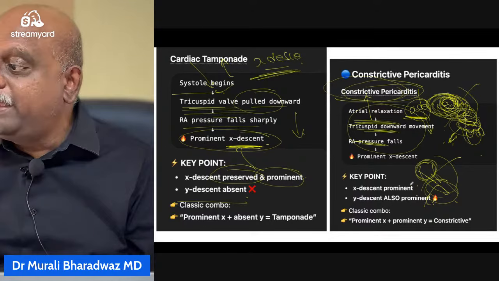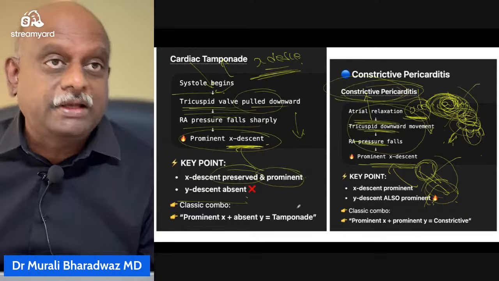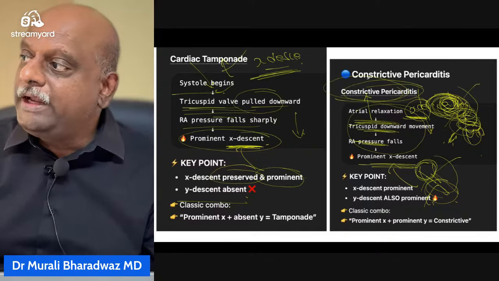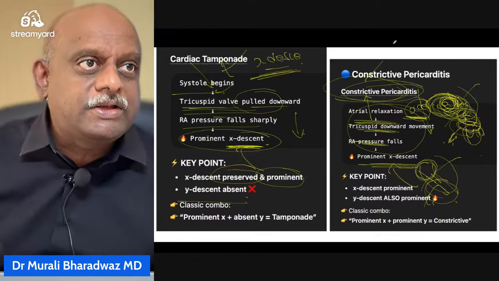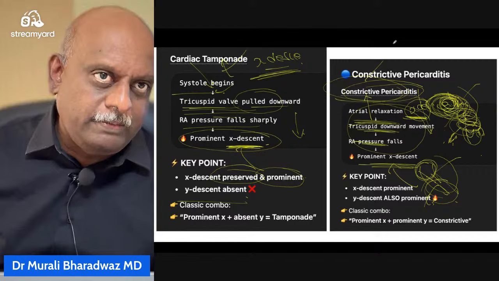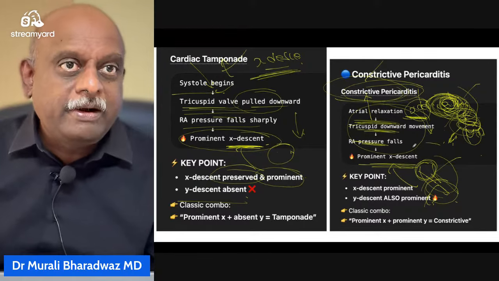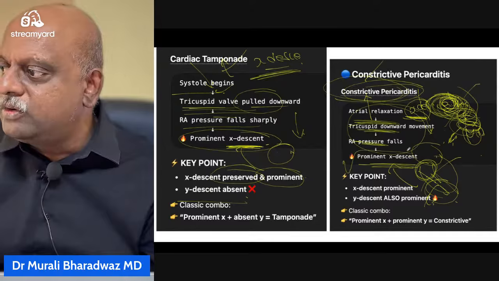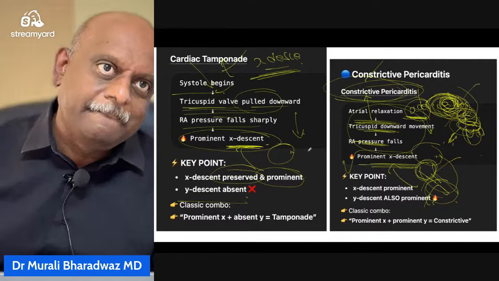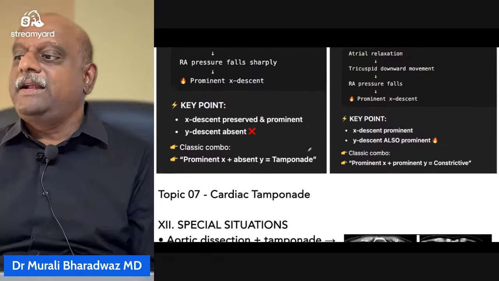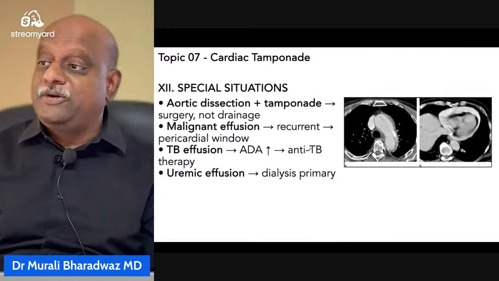That also will make a prominent X descent. So in both tamponade and constrictive pericarditis, the X descent is prominent, but the Y descent is absent in tamponade. But the Y descent is prominent with a square root sign in constrictive pericarditis. That is all the story you need to know, doctor.